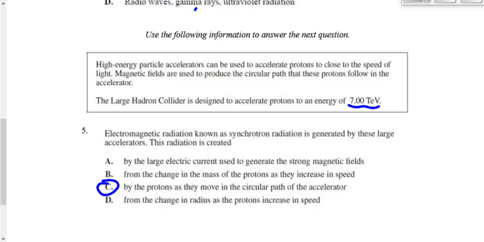If it's moving in a circular path, it experiences a centripetal acceleration, an acceleration directed toward the center of the circle. Maxwell didn't say that the charged particle has to be speeding up. He didn't say the charged particle has to be slowing down. He said the charged particle has to be accelerating. And when a charged particle is going in a circle, it's accelerating toward the center of the circle, right? A centripetal acceleration. So we still generate EMR there.